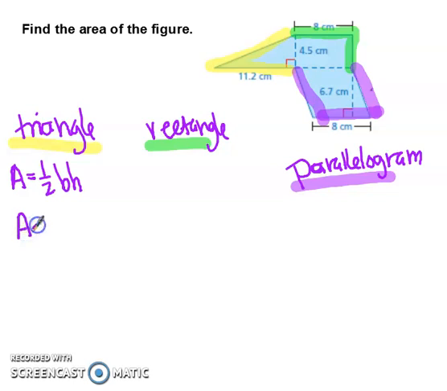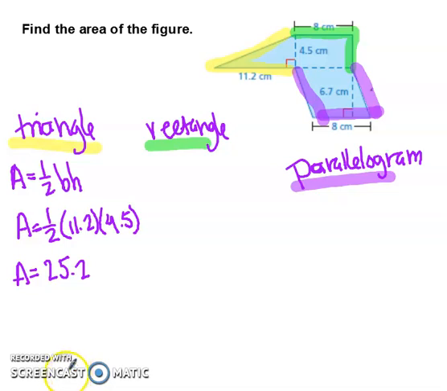I'm going to substitute in the base and height. So I got 1/2, the base is 11.2, and the height is 4.5. Remember, when you choose a height and base, they need to be perpendicular or form a right angle. Feel free to use a calculator there. And I got 25.2.